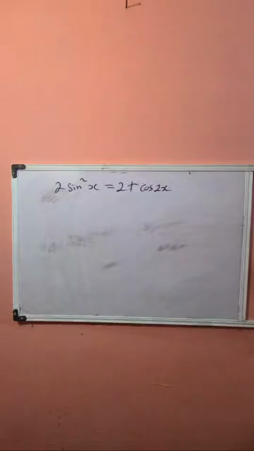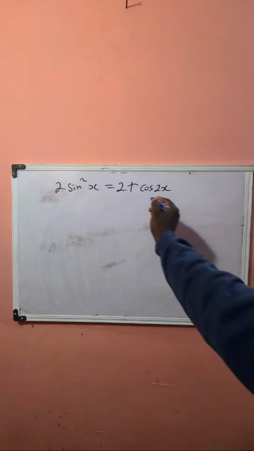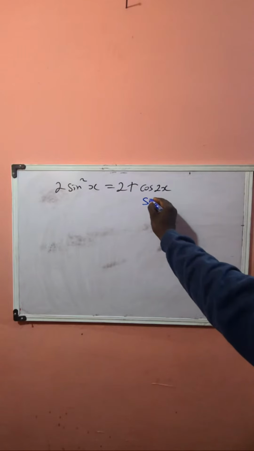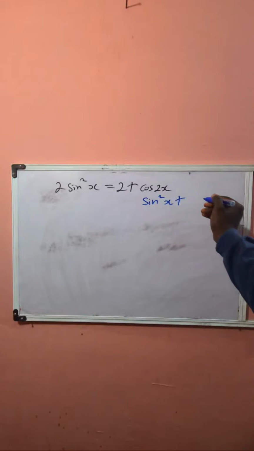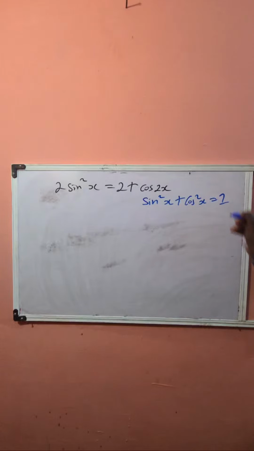Now look at what we have here. If you don't know your identities, this question could pose a challenge. First of all, there are 2 major identities you have to use here. Number one, you have to use your basic identity. And your basic identity said that sine square of an angle plus cos square of the same angle is equal to 1.